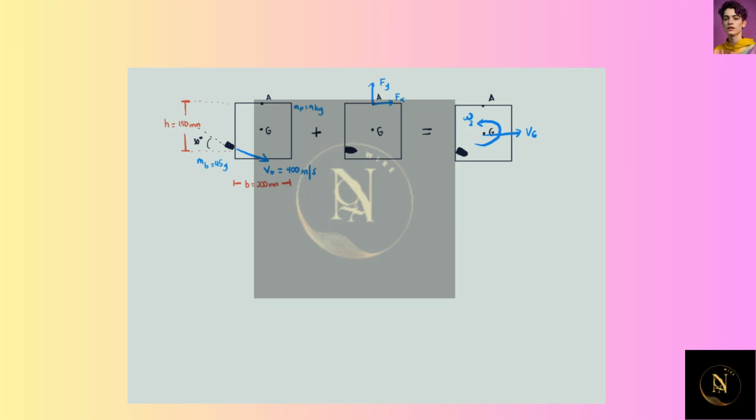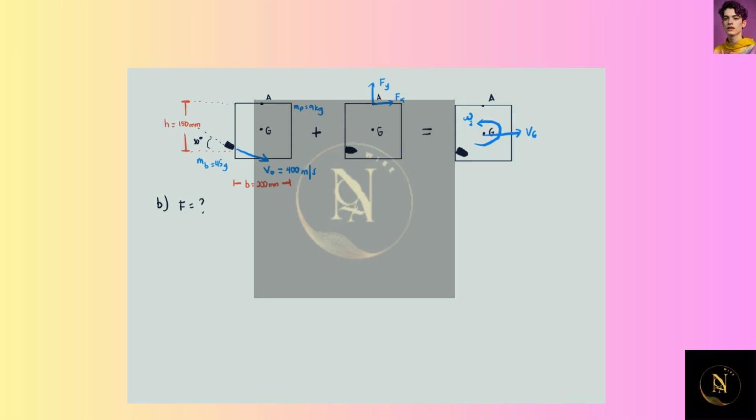Now for letter B, what we need to solve is the impulsive reaction, so the force at point A if the bullet becomes embedded in 2 milliseconds. So we're looking for F here.